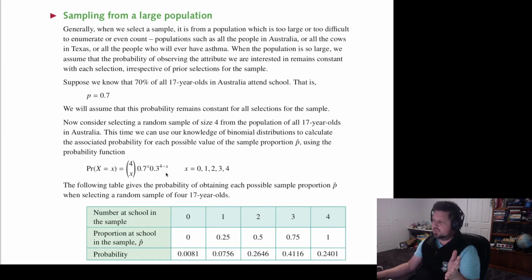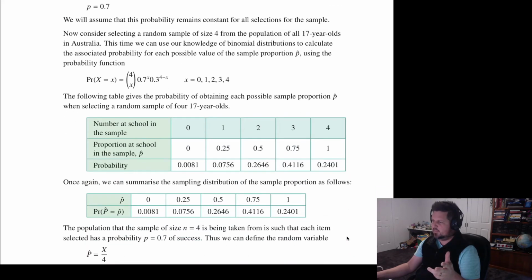You can plug those into this to get the corresponding values. Indeed, if you put the 0 in here, you get probability 0.0081. You can get each of these as follows in the table. Simplifying this down, we're just looking at the proportion at the school, the sample p hat, and also the probability, and writing it out as follows.